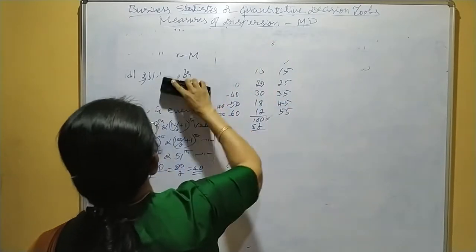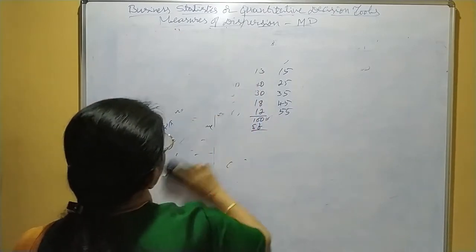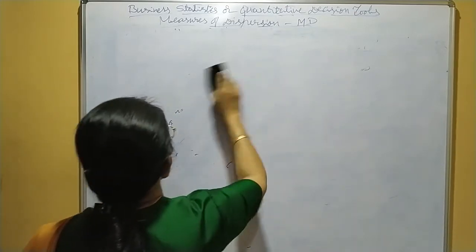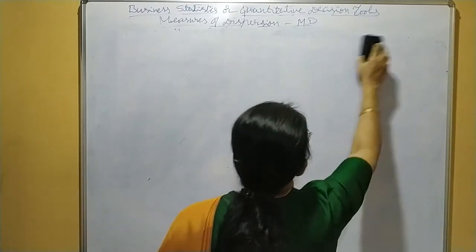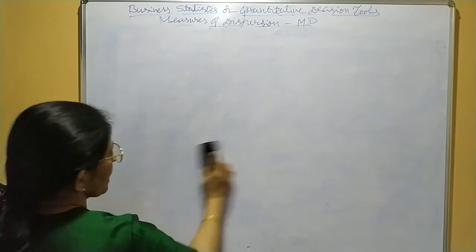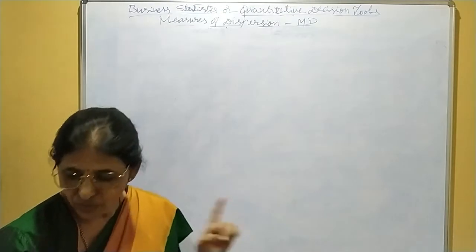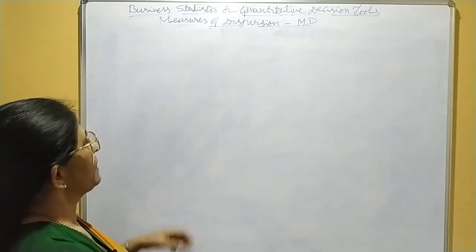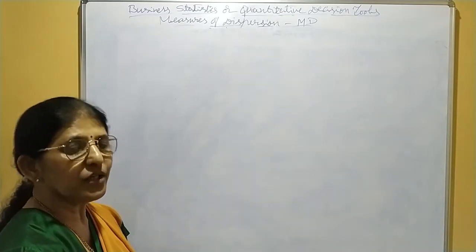There they would give any two and ask you to calculate the remaining one: give mean and median and calculate mode, or give mean and mode and calculate median. Here it is not like that: giving any one, it is asked to calculate the remaining 2. For that we must know the relation between standard deviation, mean deviation and quartile deviation.